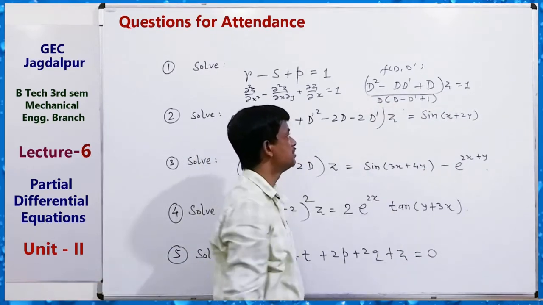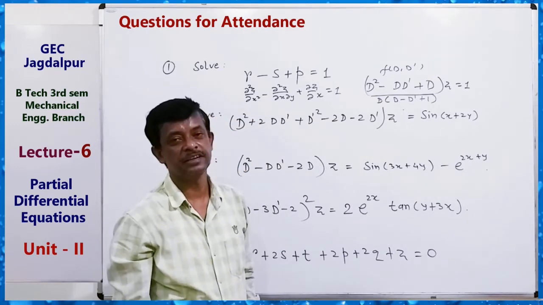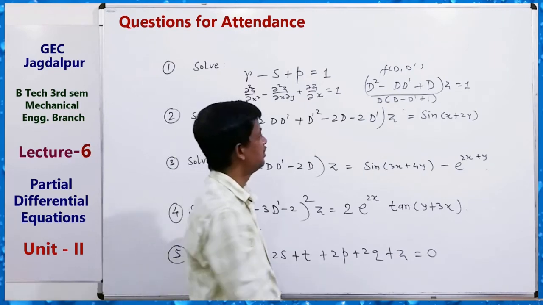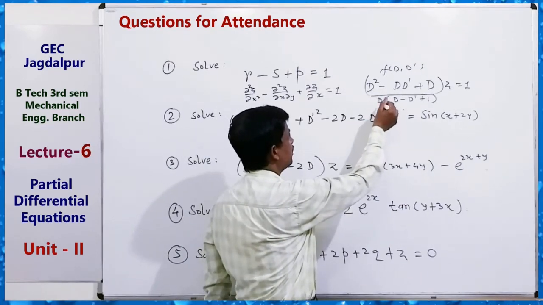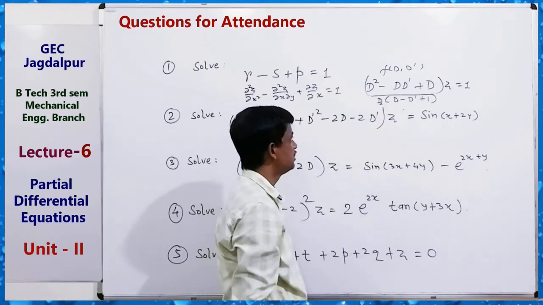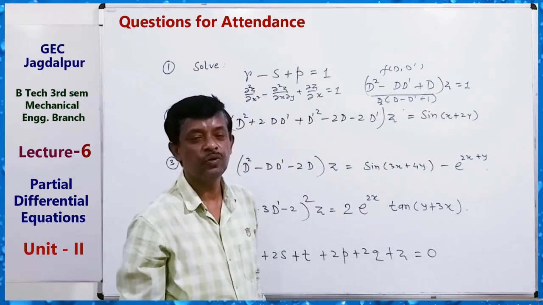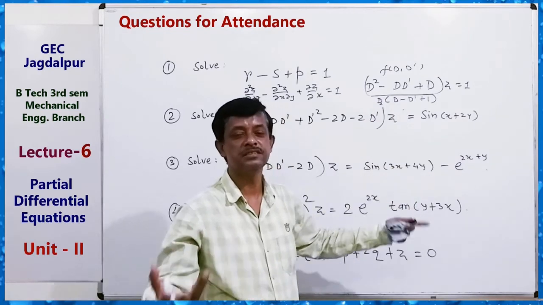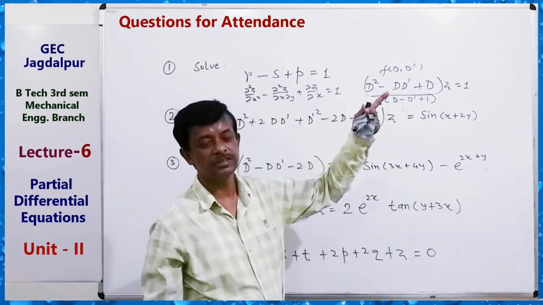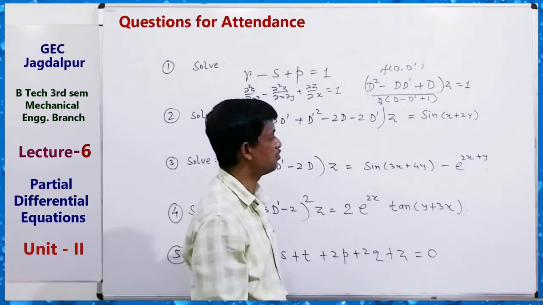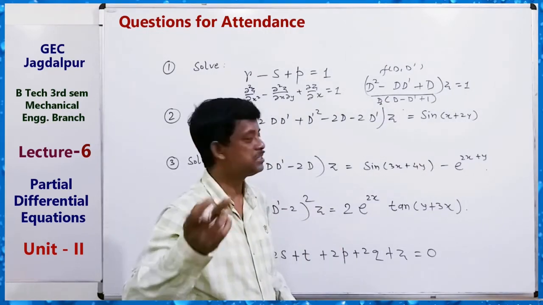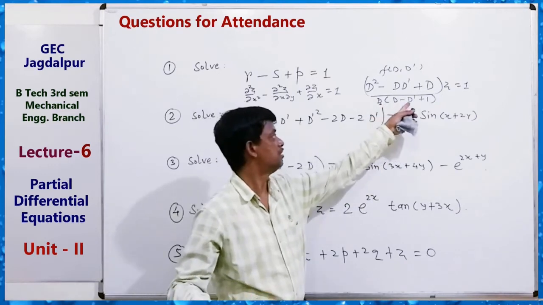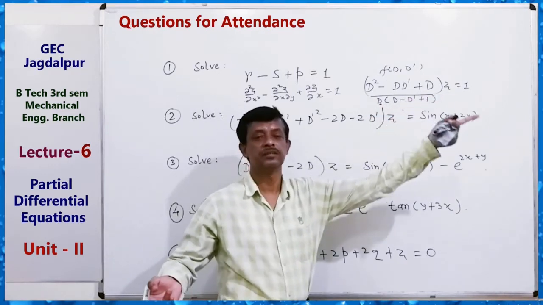D minus, only D, 1 by D, integration. Or you can write D minus 0 D dash minus 0. So use the general formula D minus m D dash minus alpha: D minus 0 D dash minus 0, and D minus D dash plus 1, that is minus 1.